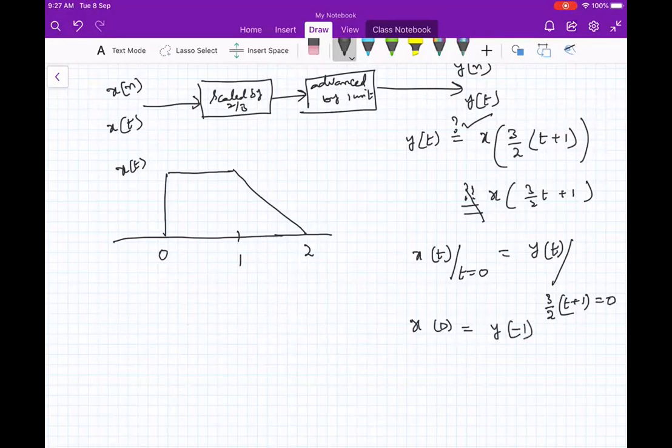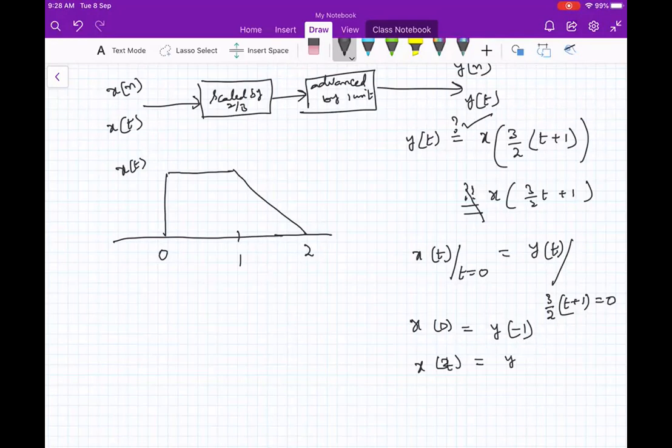-1. Okay. Similarly, I will check the other limit. I request one of the other students to check the other limit and tell what should I get? X of what will I get? Other limit. Yes, other student? X of 2, sir. X of 2 equal to y of 2/3.